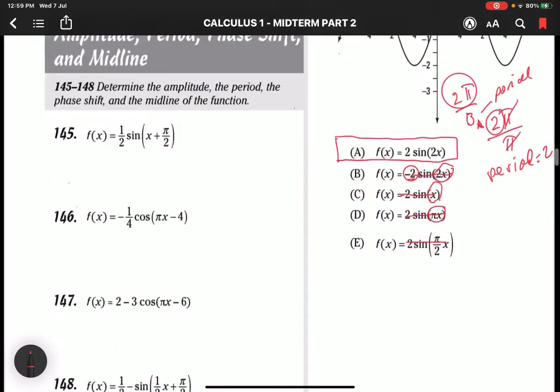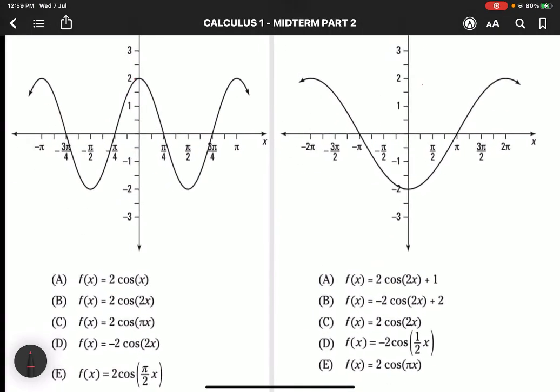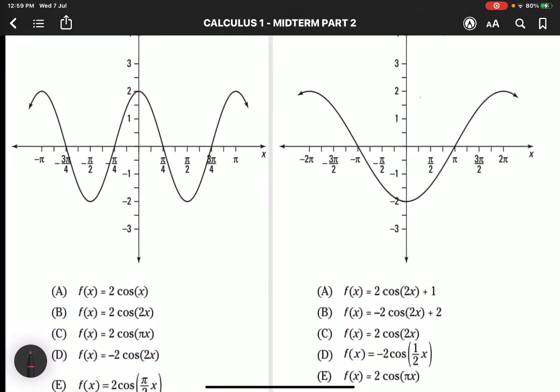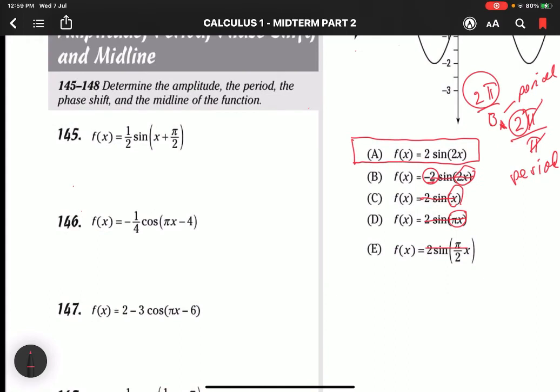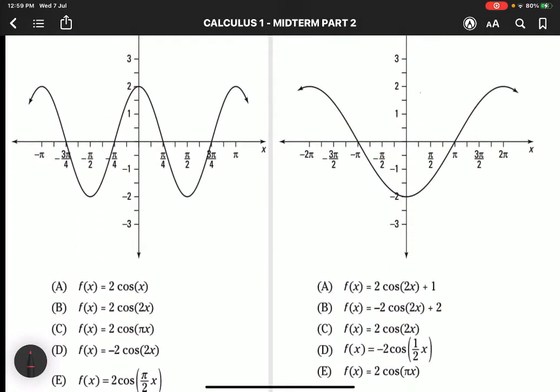Okay? Next, number 150. Ano yung possible answer daw natin dito? So, makikita nyo, halos the same siya ng shape, no? Dun sa unang graph. So, may possibility na 2 rin siya, no? Kahit na cosine siya or sine siya. Sine siya kasi dito, no? So, applicable kasi yan sa kahit anong function. The same procedure, no? So, kung possibility niya ay positive 2, okay?